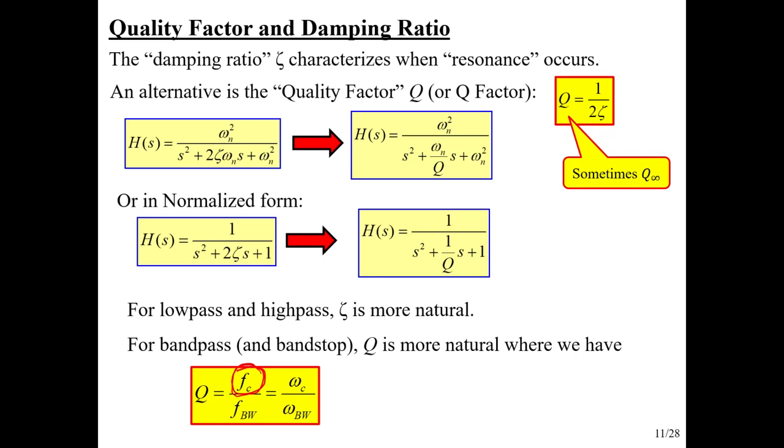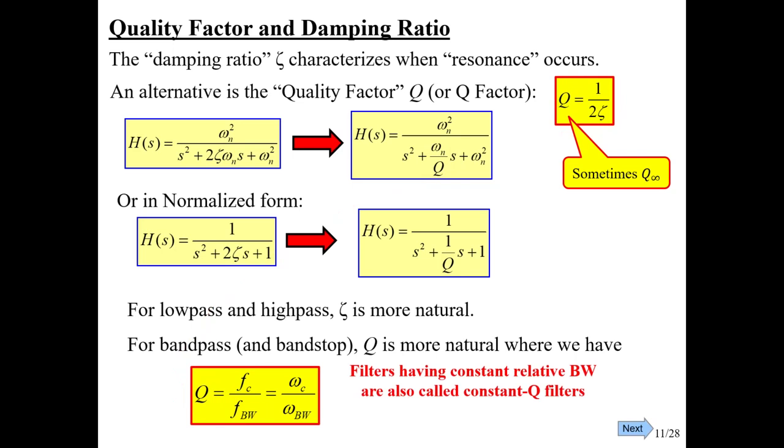If you could get a high center frequency and a small bandwidth, this ratio was large, and that was viewed as a high quality bandpass filter for radio applications. And so that's where the name quality factor came from. And then people saw, oh, this is just linked to zeta, and it can be applied to low pass and high pass as well. So that's all kind of nice.